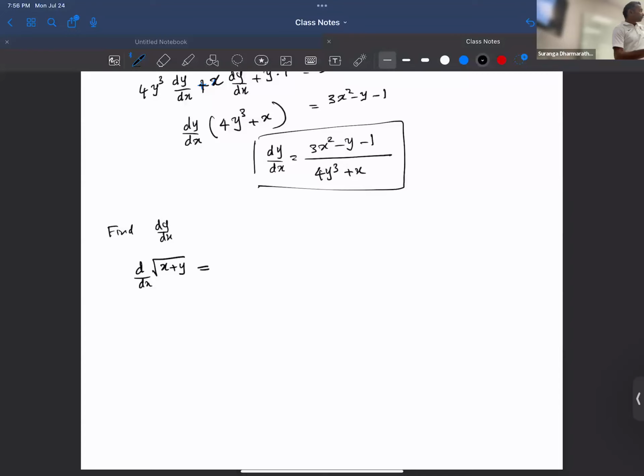Yeah, so you can use the square root, right? You can put this as u, right? So you get d over dx u to the power half, or you can write d over du u to the power half, and then du over dx.